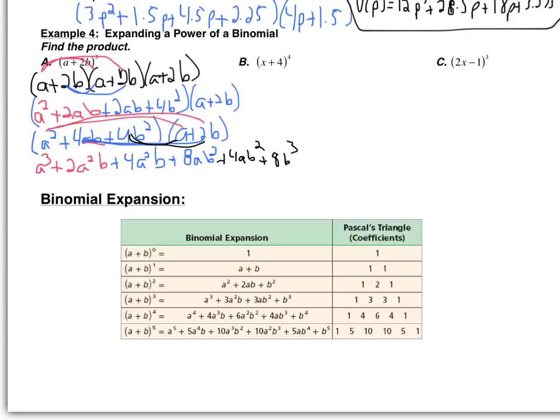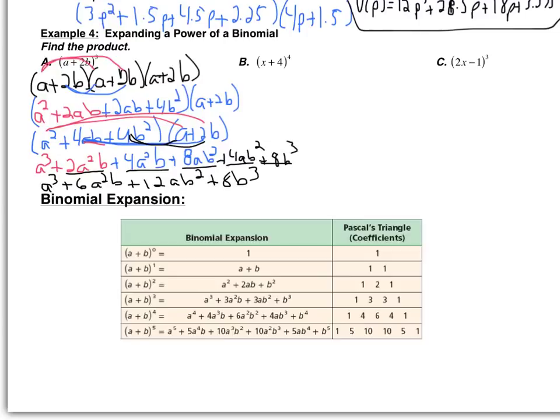And then we're going to combine like terms. So we're going in descending powers of a, so we have a cubed, a squared b plus a squared b, so we have 6a squared b, and then we have ab squared and ab squared, plus 12ab squared, and then plus 8b cubed.